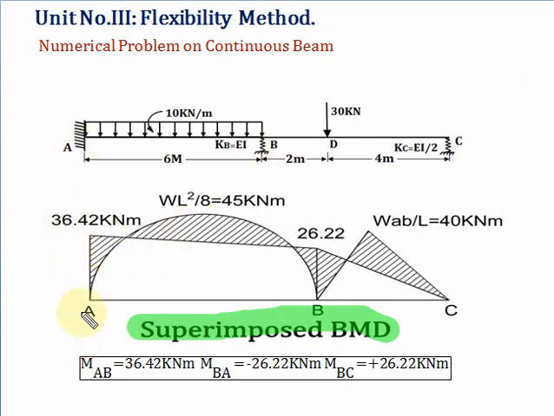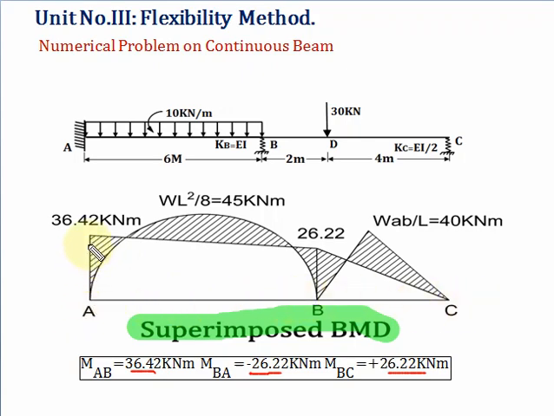So already we have found out the moment in member AB, that is 36.42. Moment in member BA is minus 26.22, that is, it is acting in clockwise direction, and moment in member BC is 26.22, acting in anti-clockwise direction. Now at support A, first you have to draw the horizontal line.